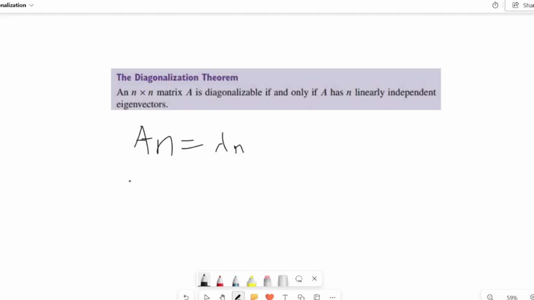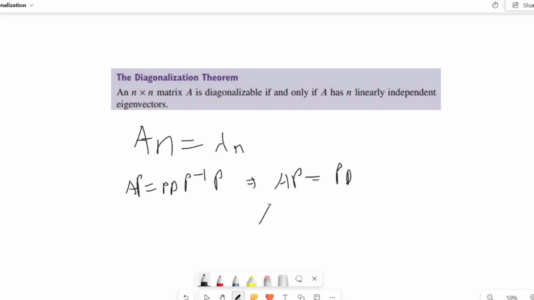And you can see when we use A equals P times D times P inverse, you can multiply both sides on the right by P, and you get A times P equals P times D.